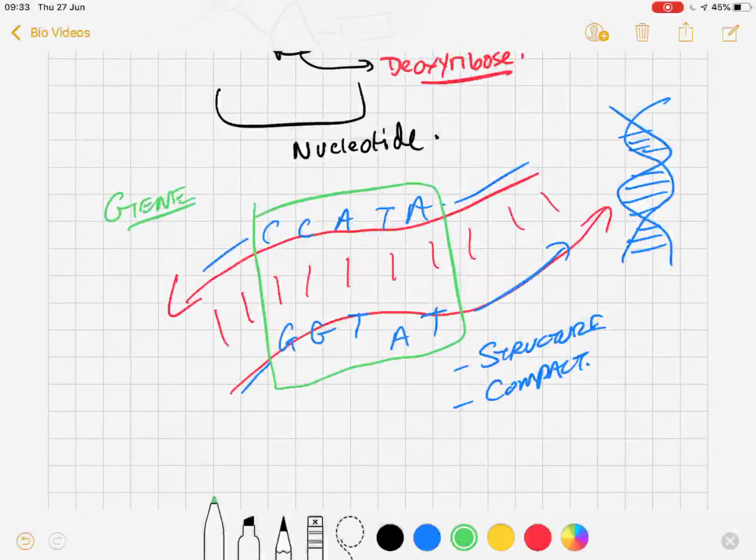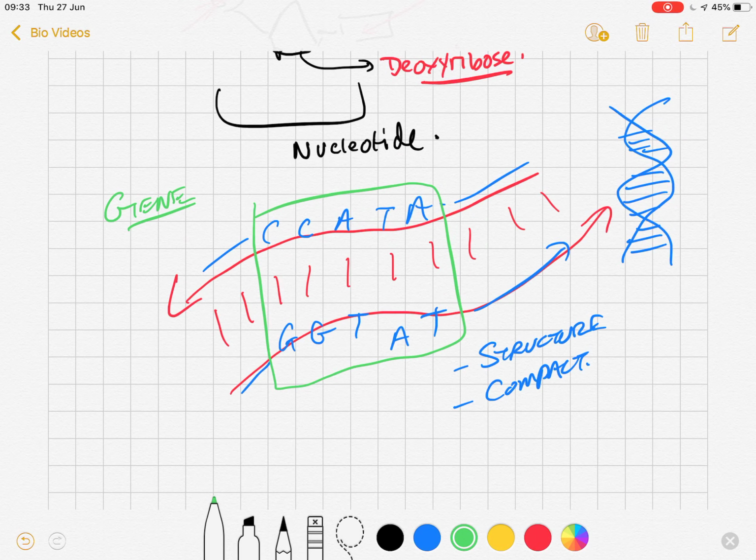A gene is just a section of DNA that codes for a particular characteristic, or codes for a particular protein, if we're talking in A-level detail. So the gene provides instructions that ribosomes are going to use in order to form an amino acid sequence, the primary sequence of a protein. And that will be important later.